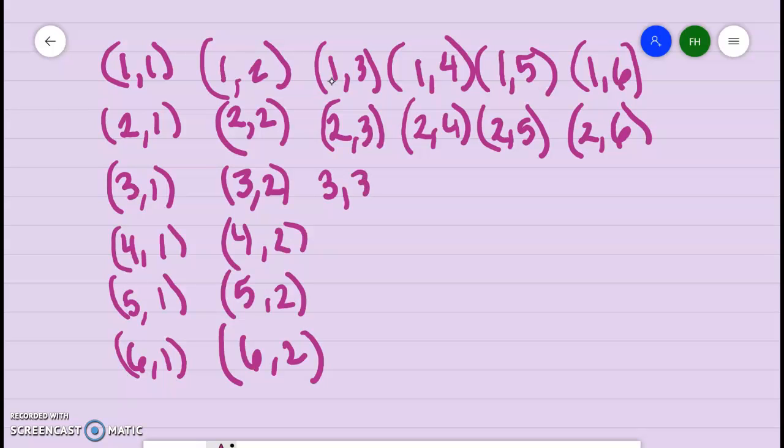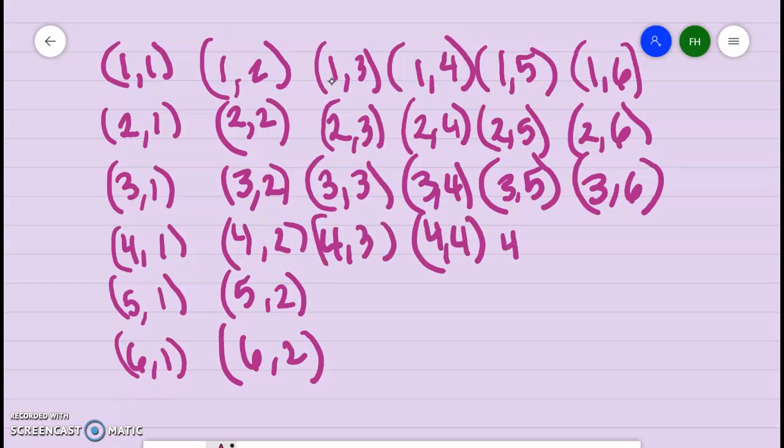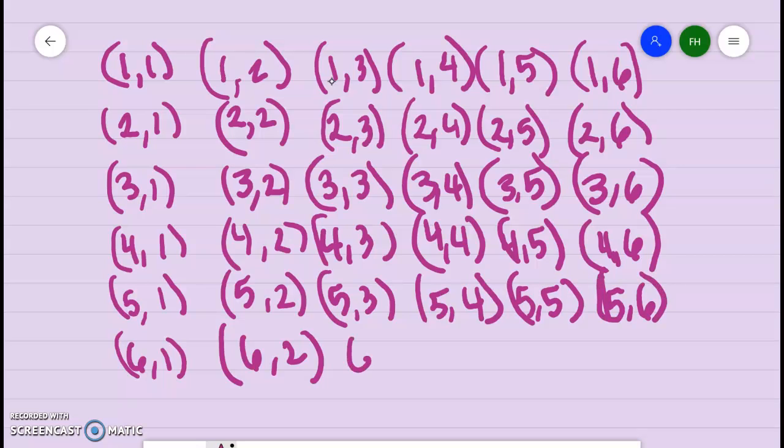Here you could have 3, 3, 3, 4, 3, 5, 3, 6, 4, 3, 4, 4, 4, 5, 4, 6, 5, 3, 5, 4, 5, 5, and this is actually in the textbook. It has these listed out if you want to use that.